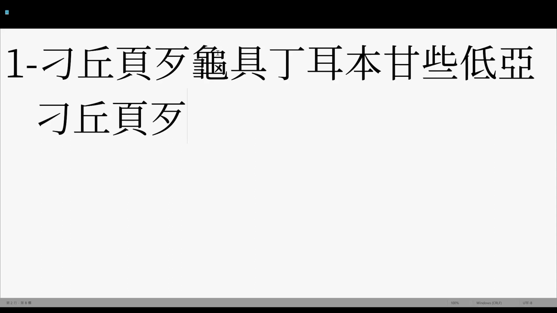Lid is 7, fundamental key 7 middle. Here's another lid, so we hit 7 middle again. And according to the stroke, this is a horizontal, so we hit 1 middle.